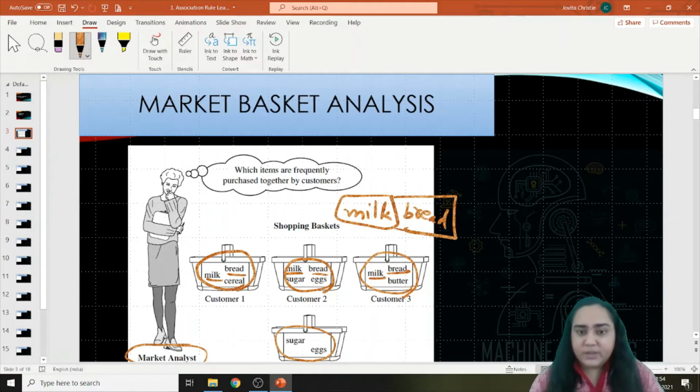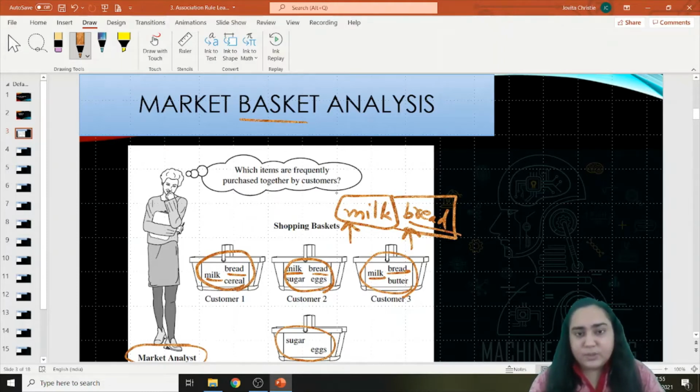The idea behind this is when your customers come to your store and want to buy milk, they will see that there is also bread next to the milk. Some of them might be influenced to buy bread because it's such a commonly bought together item. So that is known as market basket analysis.